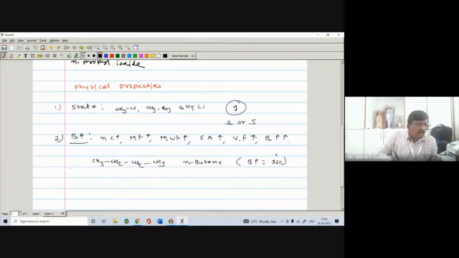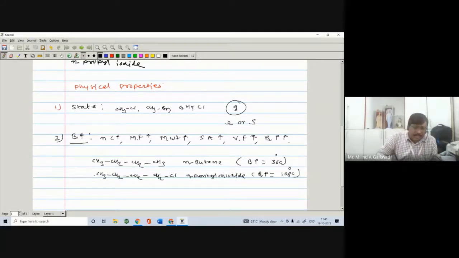And that of the corresponding analog, CH3, CH2, CH2, CH2, and here suppose I take Cl, n-pentyl chloride. So the boiling point of this one is found to be 108 degrees.